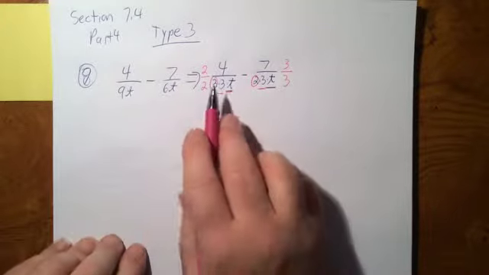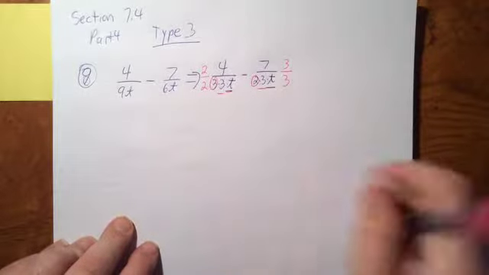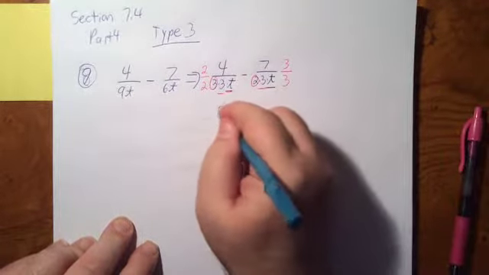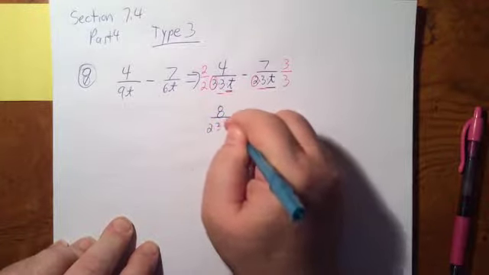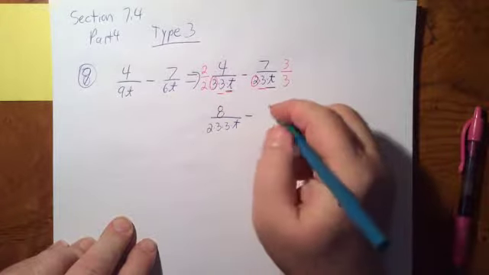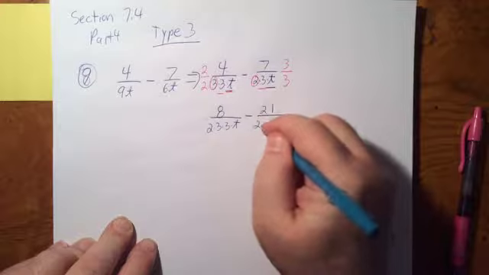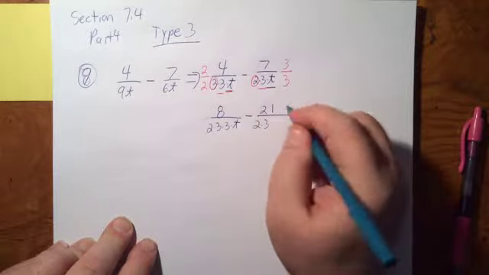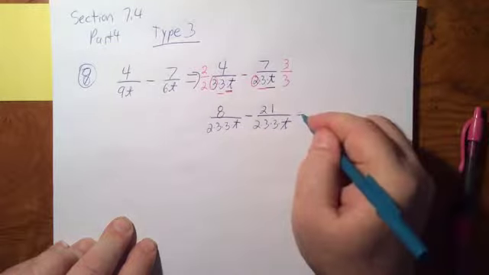So let's go ahead and multiply. 2 times 4 is 8 over 2 times 3 times 3 times t, minus 7 times 3, which is 21, over 2 times 3 times 3 times t.